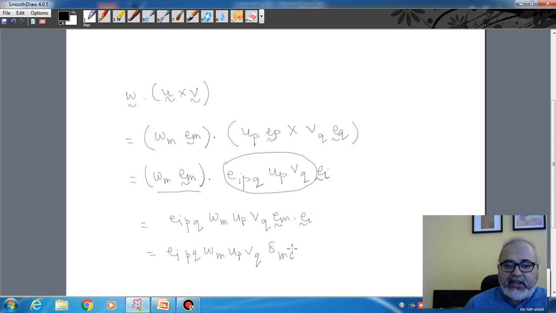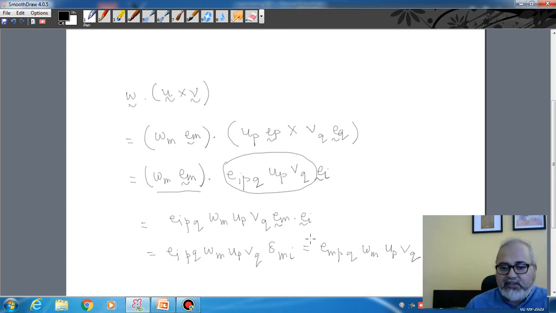Now delta MI will either knock off this M in favor of I, or this I in favor of M. So let us knock off this I in favor of M. Then what I have is EMPQ WM UP VQ. All of these are repeated indices. M, P, Q are repeated indices.